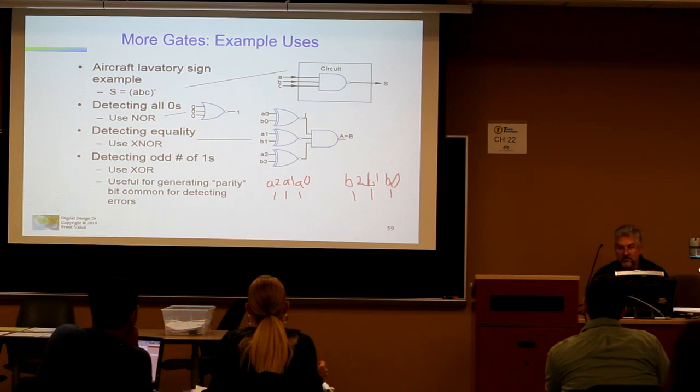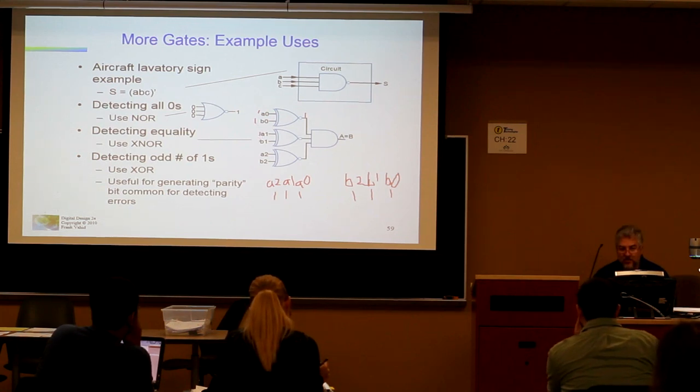So that's a 1. And this is 1, this is 1, and this is 1. Well, these are all going to be the same, right? 1, 1, 1, 1. This will be a 1, this will be a 1. We're ANDing all 1s together. That's true. All right? So look at the example when that is 1, 0, 1, and this is 0, 0, 1.